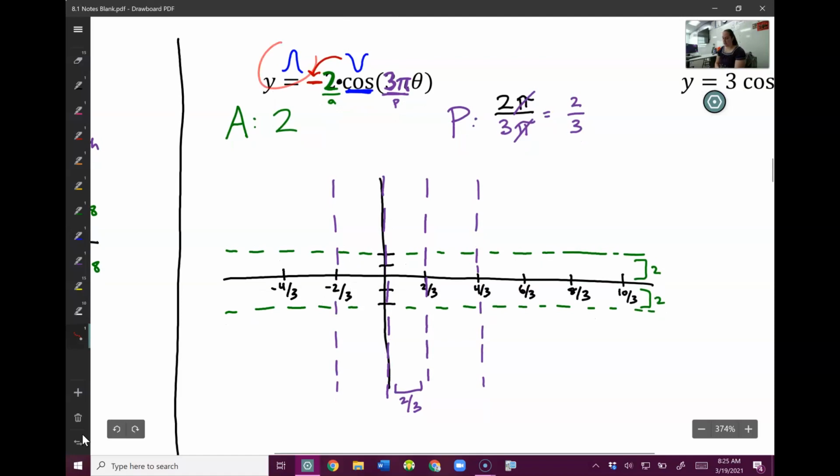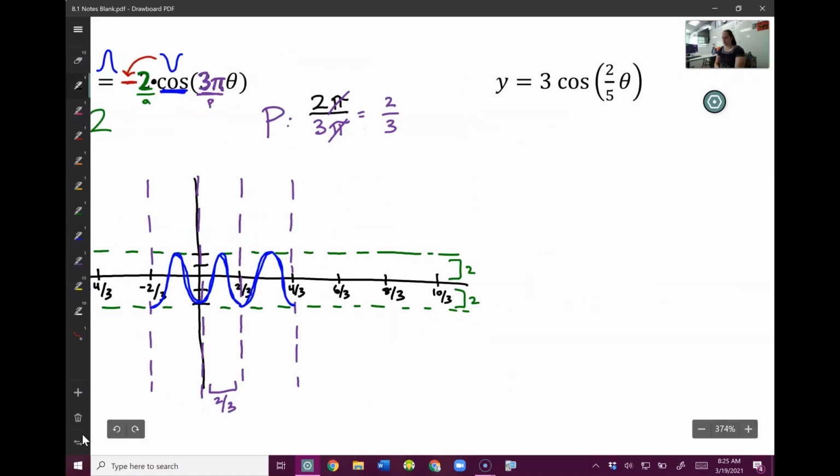So this is the shape that I have to fit into each of these boxes. So draw this in, bottom, top, bottom, bottom, top, bottom, bottom, top, bottom. And there's our cosine curve. And we're done. That's it.